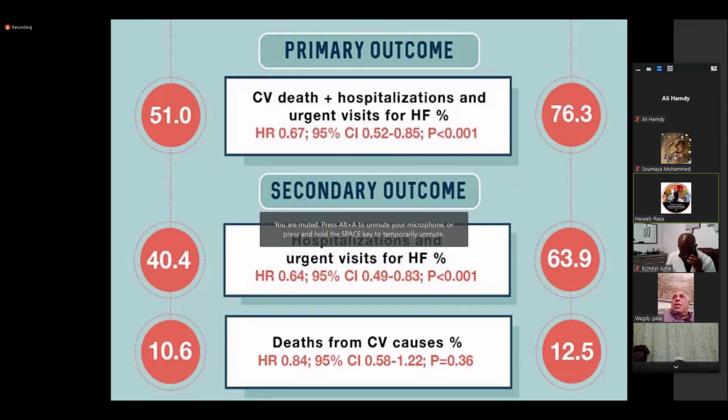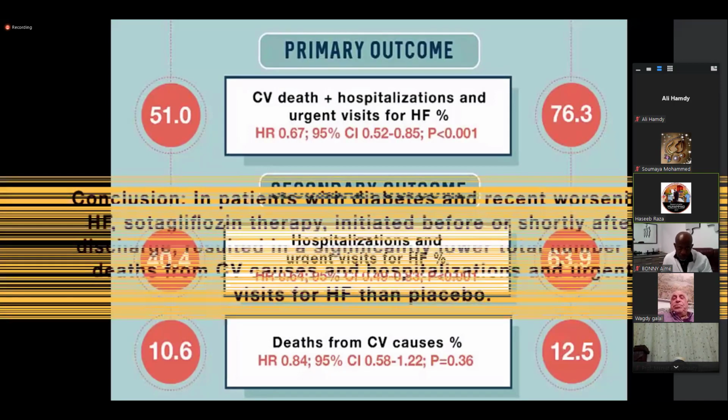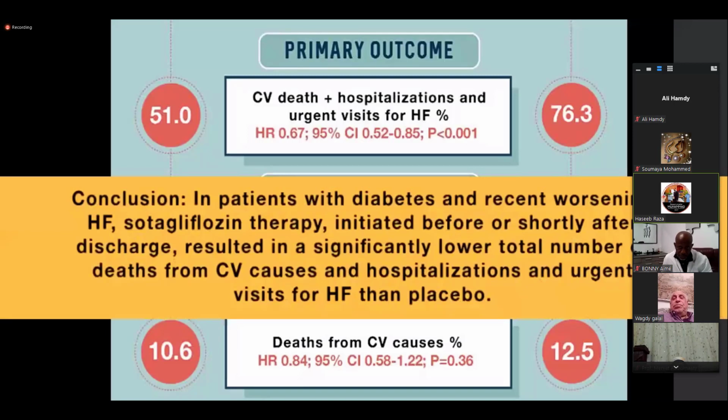So this drug inhibits glucose reabsorption in the nephrons as well as from the gut, so you will have less glucose in your blood. And this trial showed that worsening heart failure was reduced even if you start this therapy shortly after the discharge of the patient.